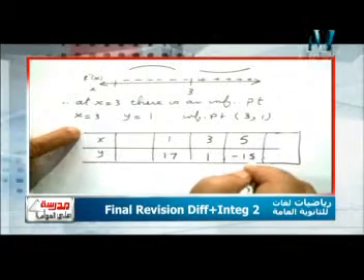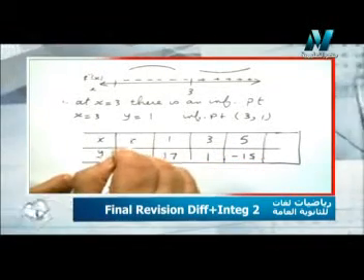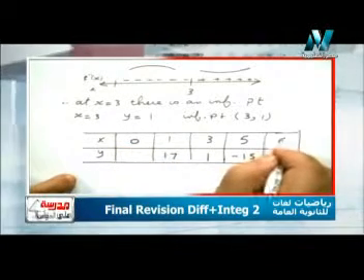Then at x equals 0, and at x equals 5 it is negative 15.